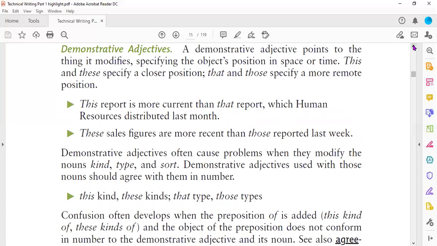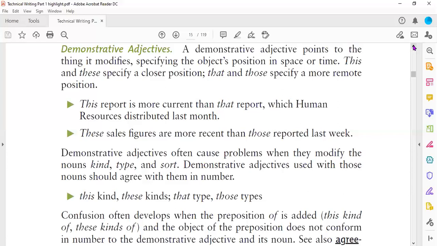Okay, this report is more current than that report. Now, the difference between this and that is that we use this for something that is closer, the position or the space and time is closer. Whereas that, we talk about something that is further, okay? That's far away.